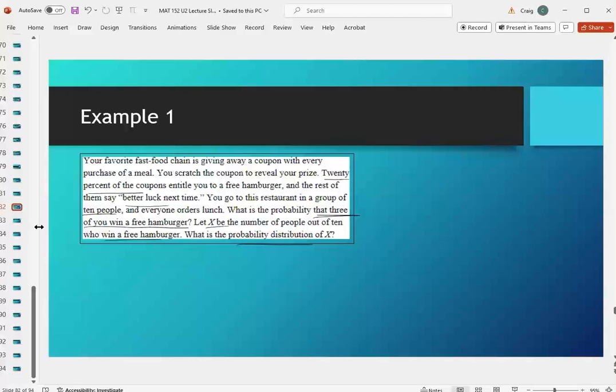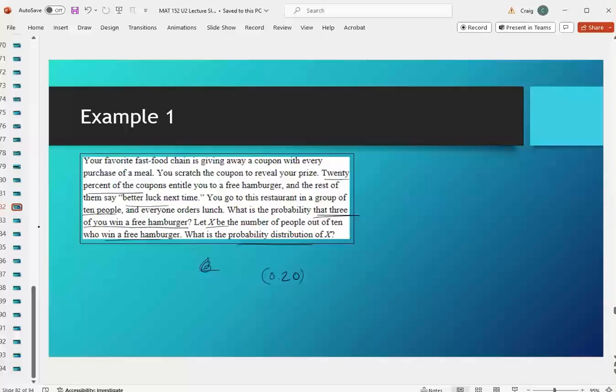The other part of the calculation is based on the probabilities. Remember, we multiply probabilities for each independent event in this way. The probability of winning one free hamburger, for an individual out of the 10, is 20%.